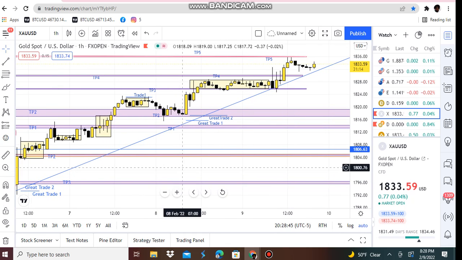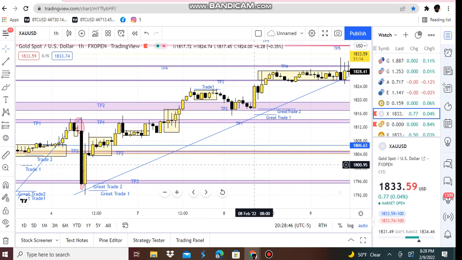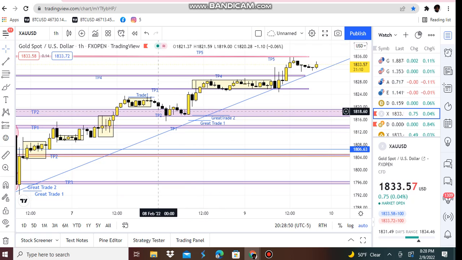So let's just go to this move right here. Actually, this was February the 8th. Price from February the 7th was consolidating and retesting back down, making a higher low all the way down to take profit 2, 1815, and still making lower lows on the 1 hour candlesticks from 1820 all the way down to 1815 before heading in the overall direction.